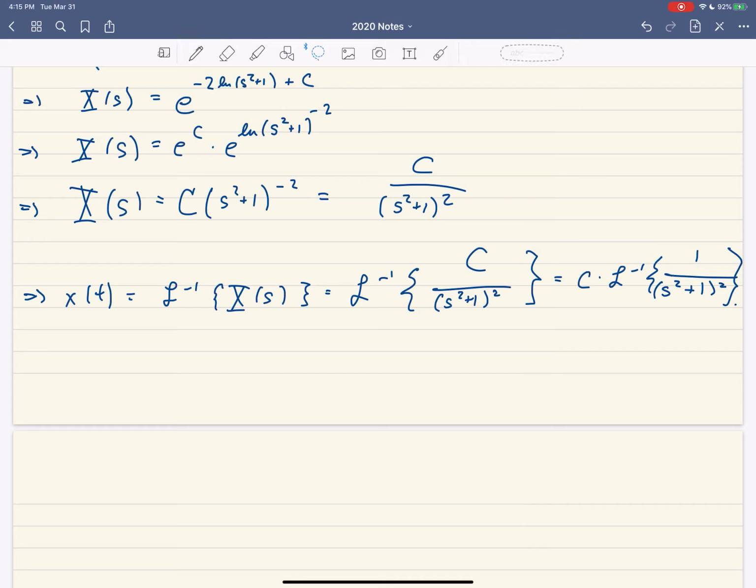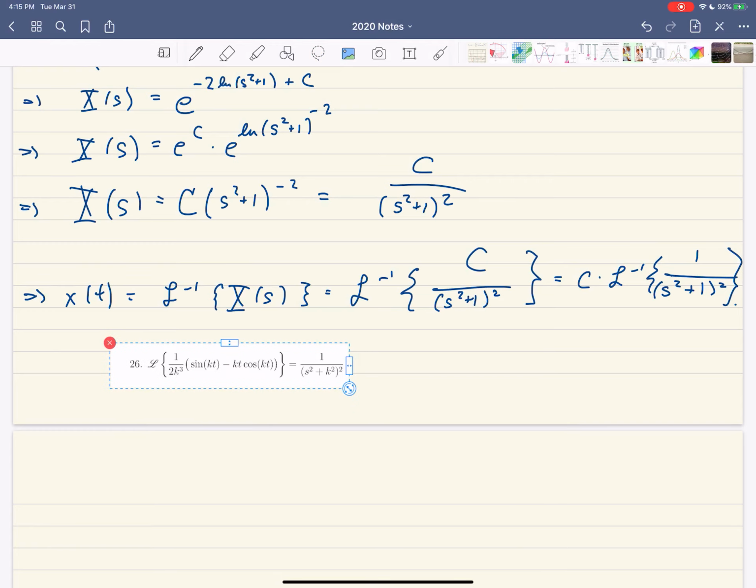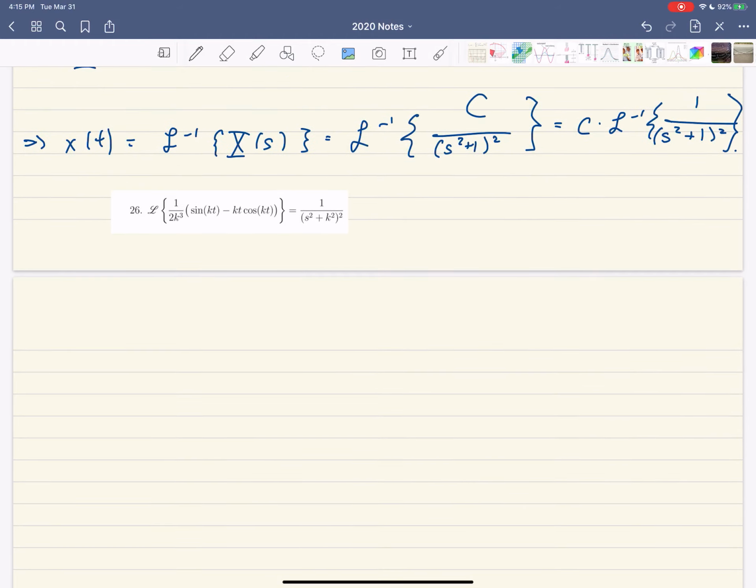This looks a lot like the Laplace transform in rule 26, 1 over s squared plus k squared, squared. It's just that our k is 1. So what I'm saying is that the Laplace transform of this expression, with 1 over 2k cubed and so on, is 1 over s squared plus k squared quantity squared.